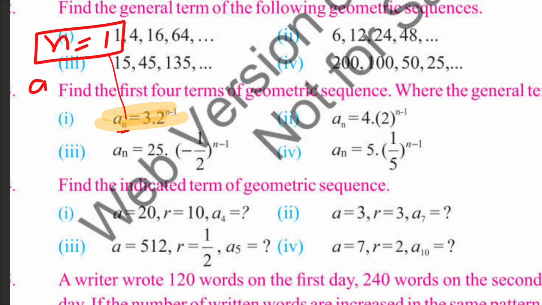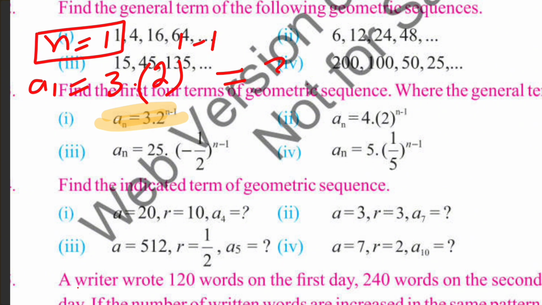Here a1 is equal to 3 multiplied by 2 exponent n minus 1, which is 1 minus 1.